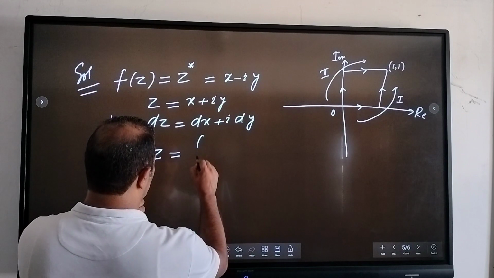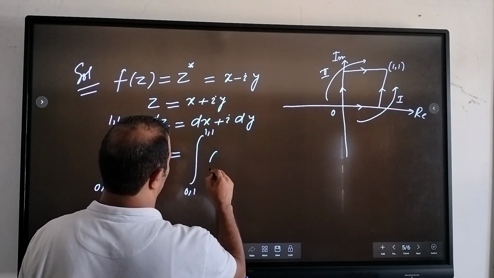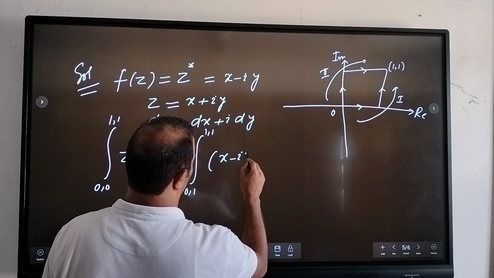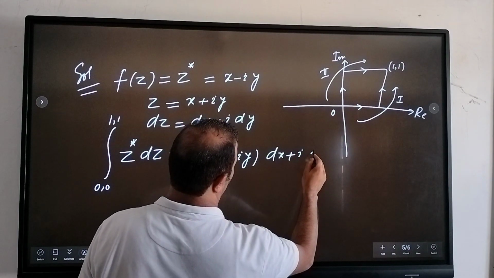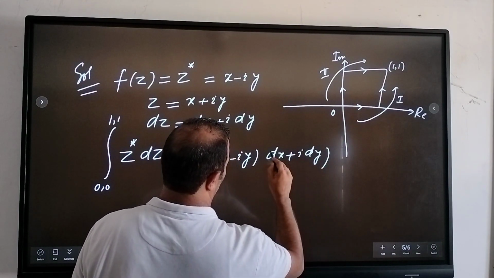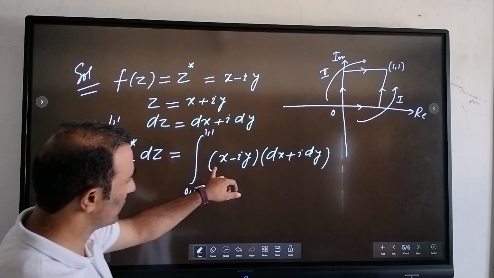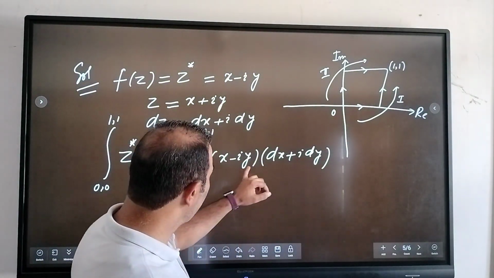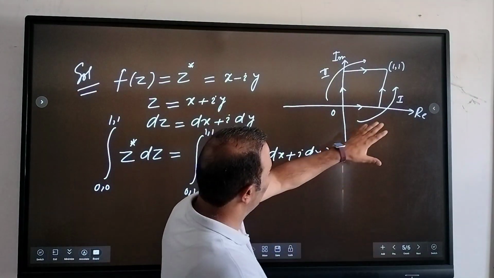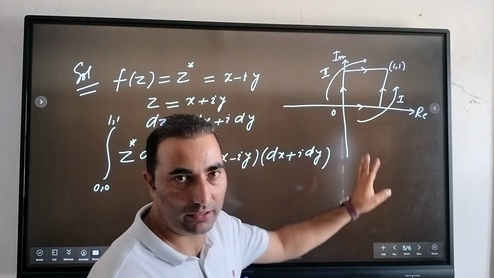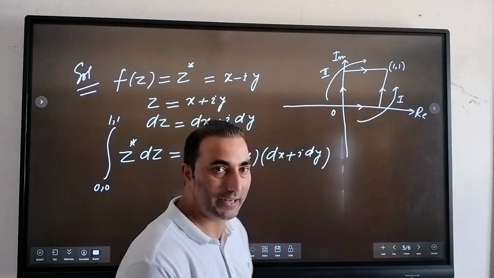So this is simply what I did here. I basically wrote z star. So z star is our x minus iota y, and our dz is dx plus iota dy, right? Because this is our real and imaginary axes, so this is our complex plane. Or if you want, let us separate these real and imaginary parts.